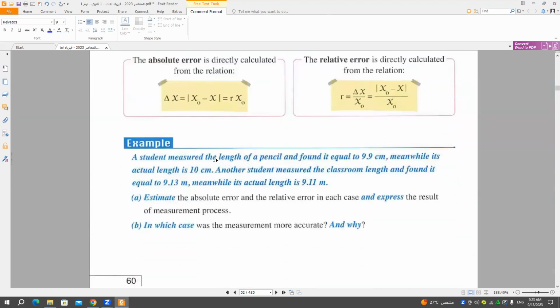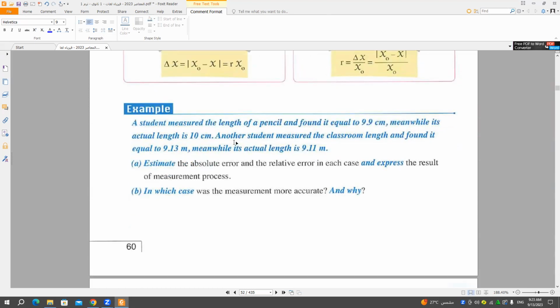We have an example here. A student measured the length of a pencil and found it equal to 9.9 centimeter. Meanwhile, its actual length equals 10 centimeter. Another student measured the classroom length and found it equal to 9.13 meter. Meanwhile, its actual length equals 9.11 meter.